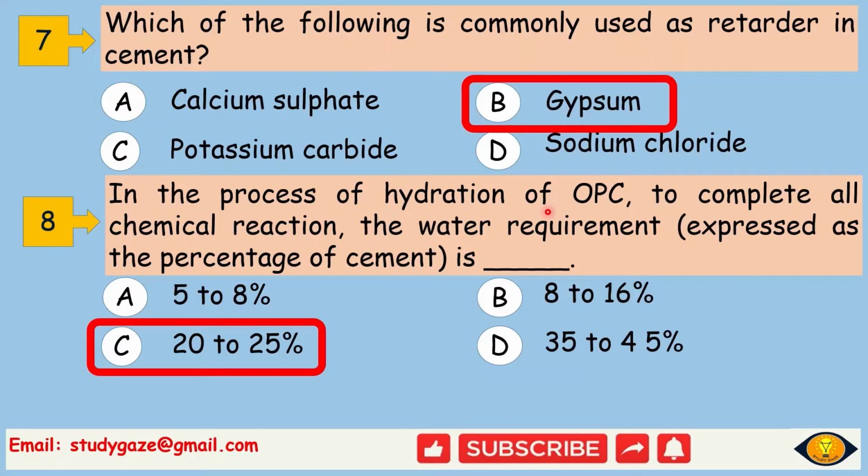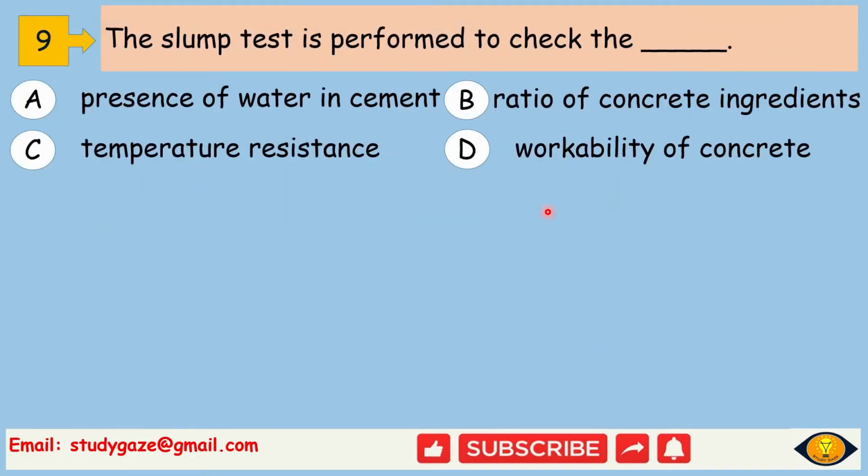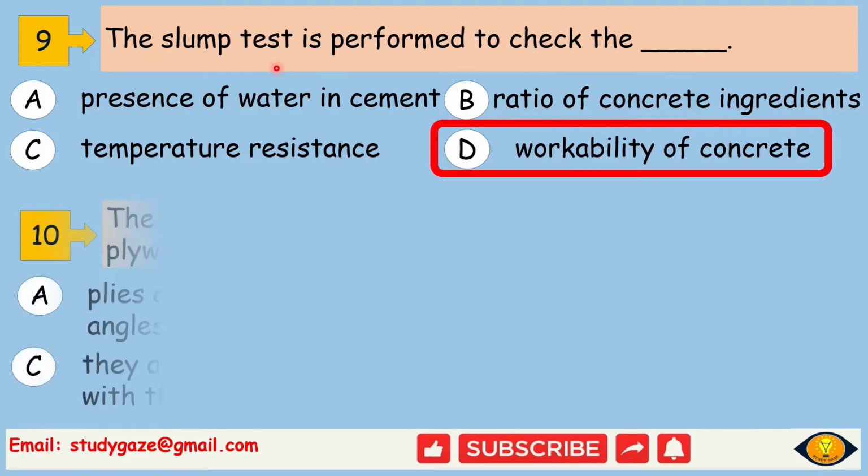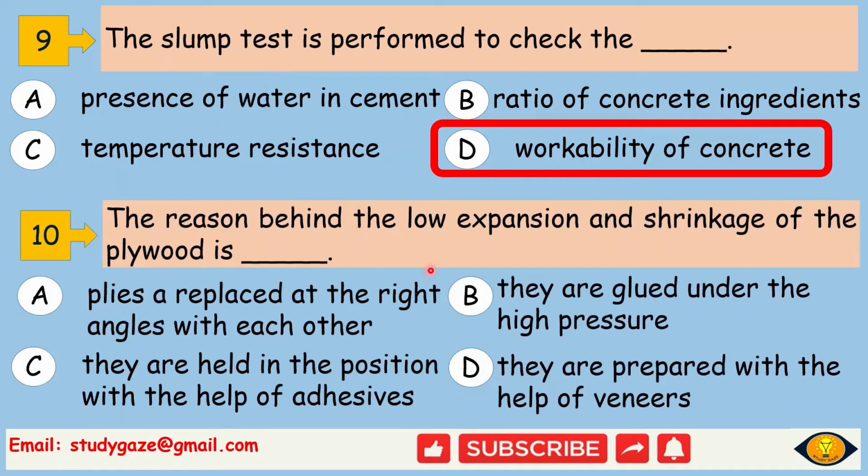Next, the slump test is performed to check the, so we generally use the slump test for the workability of concrete. Next, the reason behind the low expansion and shrinkage of the plywood is?